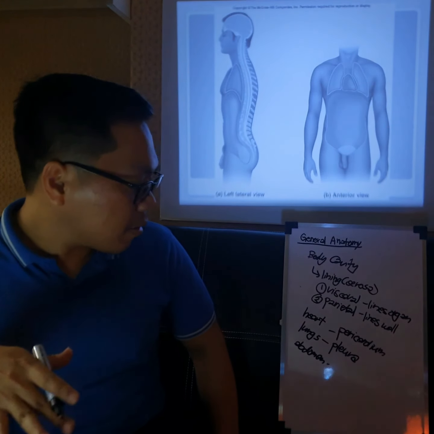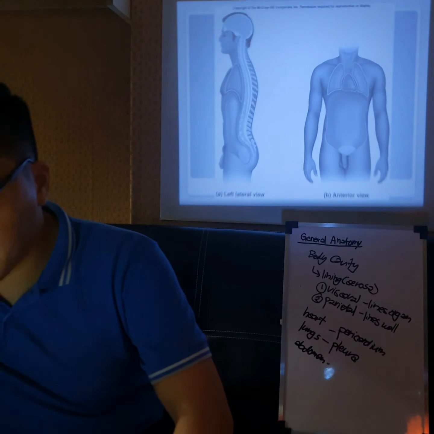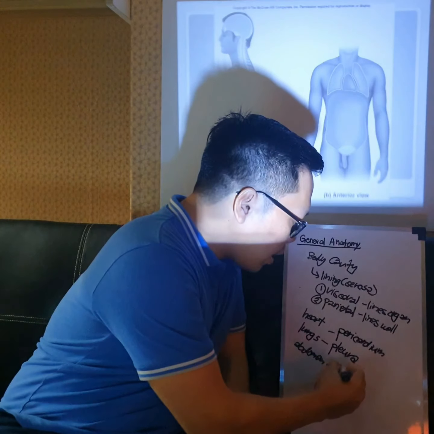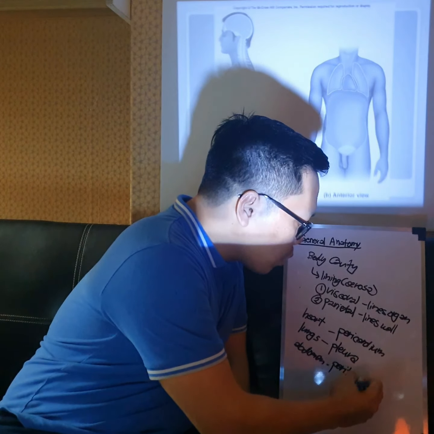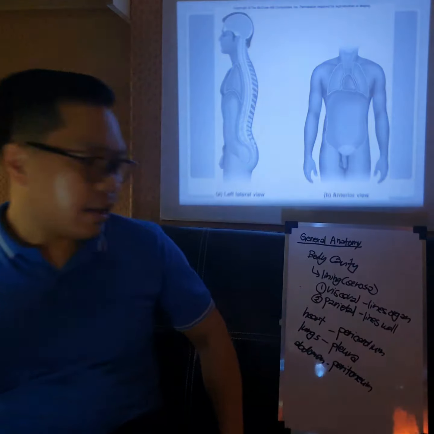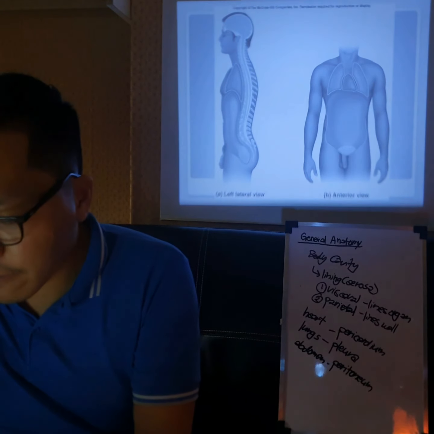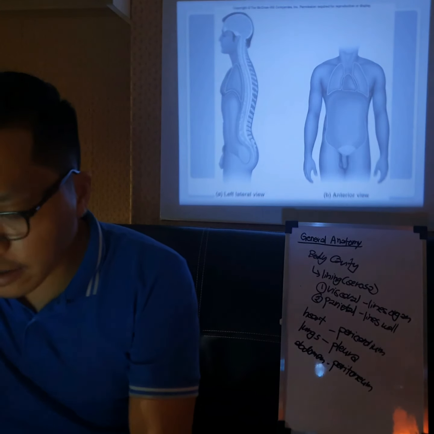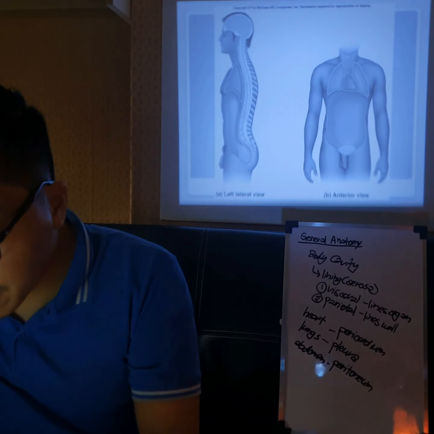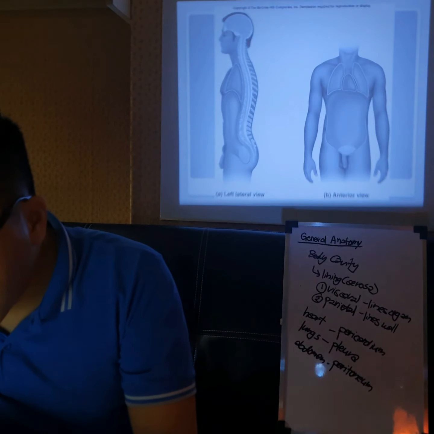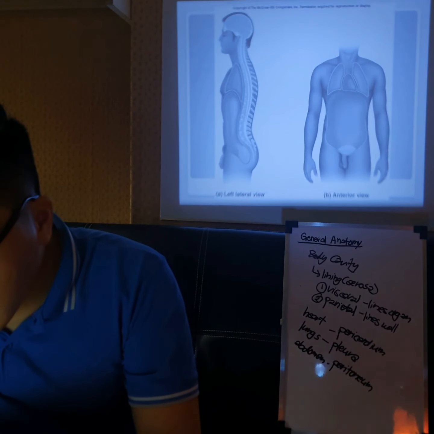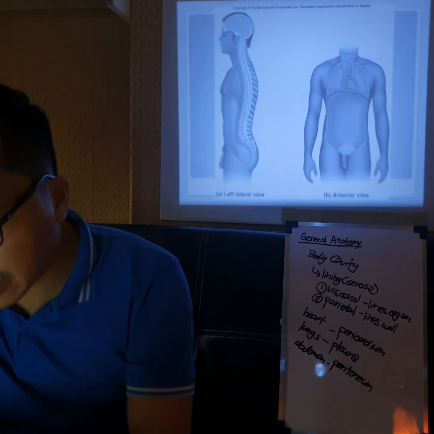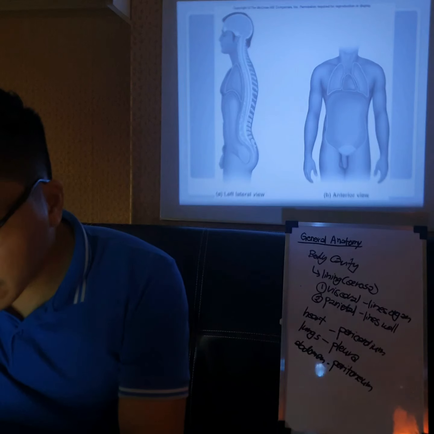Then, how about the abdomen? For the abdomen, we call it the peritoneum. Okay? Or peritoneal cavity. Diba? So, we have the heart, pericardium, the lungs, pleura, and the abdomen is called peritoneum.